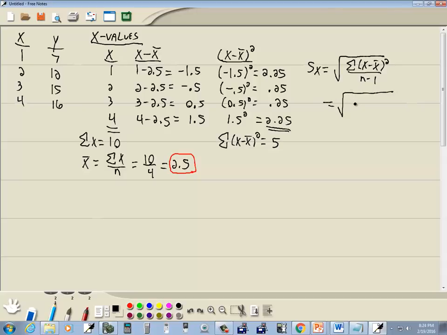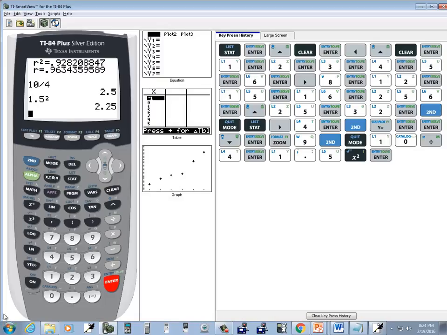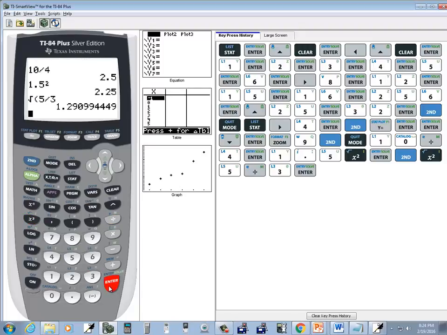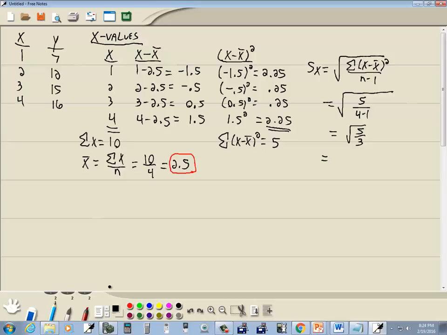So this is going to be 5 divided by, we have 4 numbers, so 4 minus 1. So that's going to give us the square root of 5/3. So I'm going to do the square root of 5 divided by 3, and that gives us that value.